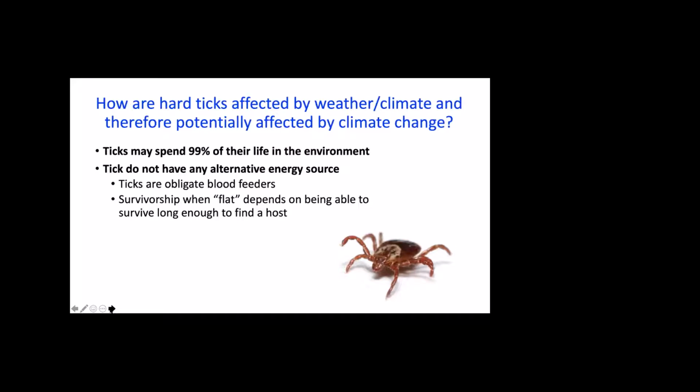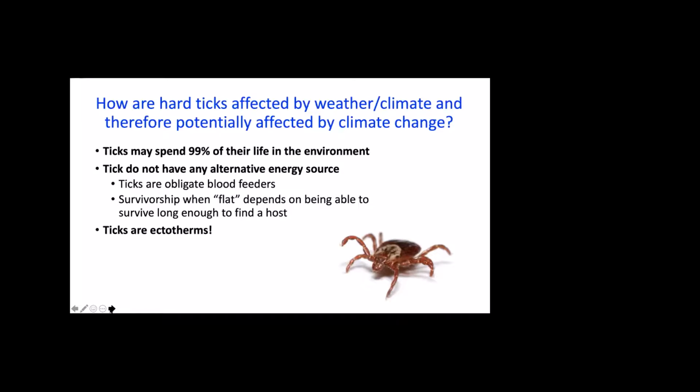So when they are out in the environment, and I mentioned how, at least for the black-legged tick, it has at least a 2-year life cycle, if 99% of that time it's in the environment, it's just living off of whatever energy sources it received in the previous blood meal, or if you were a larva, what was in the egg. And so they are living off of the fat resources there, and their survivorship in the environment depends on them being able to survive long enough to find a host, right?